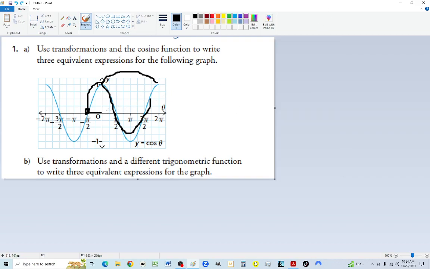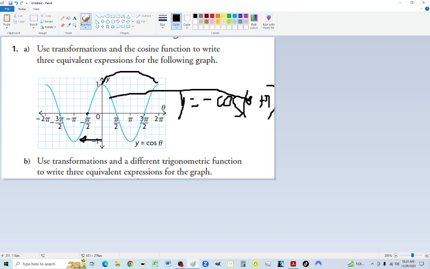If I look quickly right here, this is also a cos curve, but it's flipped upside down. And it starts pi over. So if I look at that, I do y is equal to negative, to flip it upside down, cos theta plus pi. So that's going to give me the same graph.